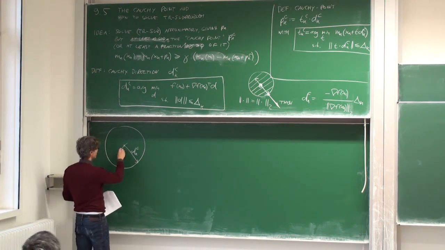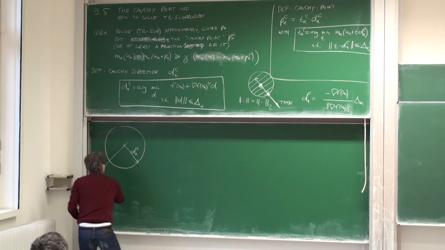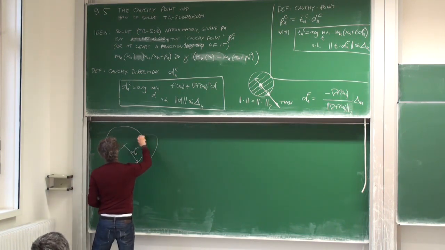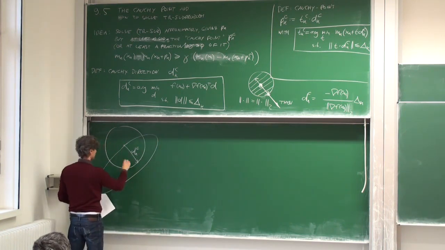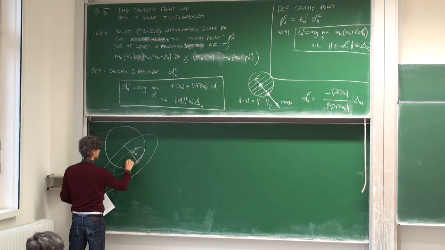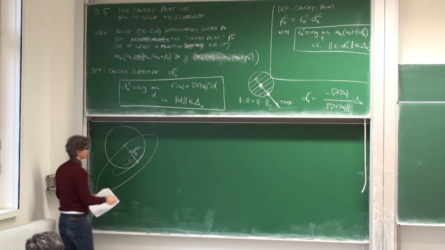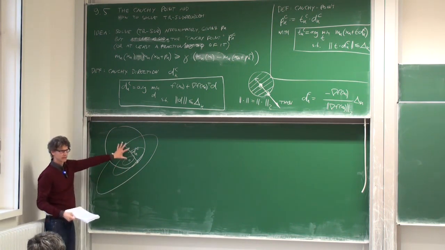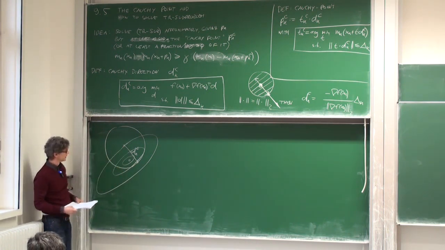Let's say our model is maybe a quadratic positive definite one, and these would be my level lines, and here maybe is my minimum.